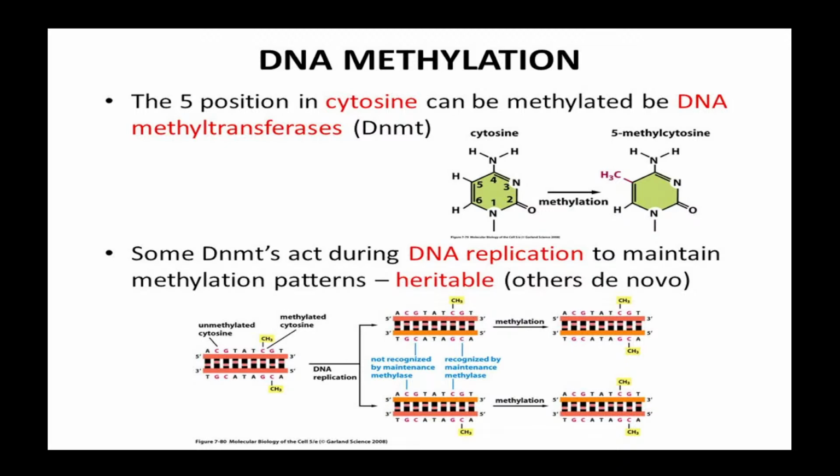During methylation, the 5' position in cytosine can be methylated by DNA methyltransferases. Some DNA methyltransferases act during DNA replication to maintain methylation patterns heritable, while others act de novo.